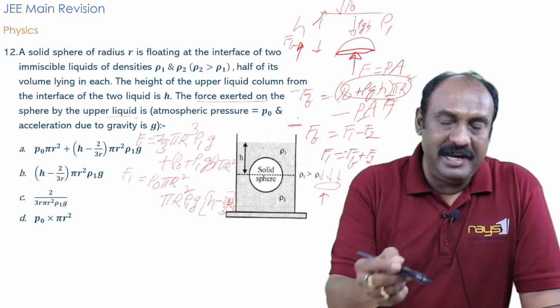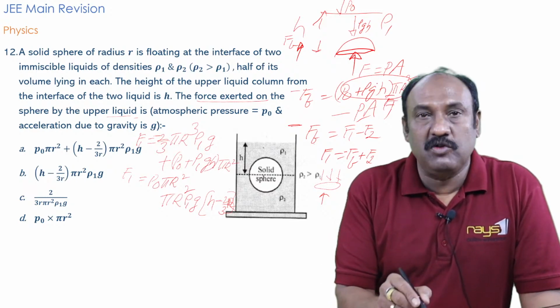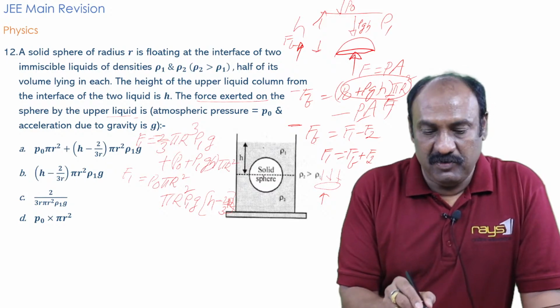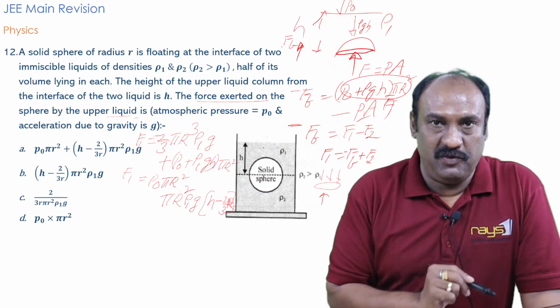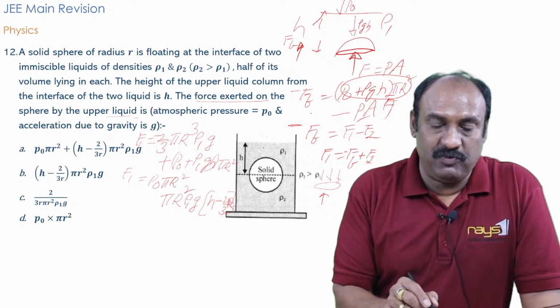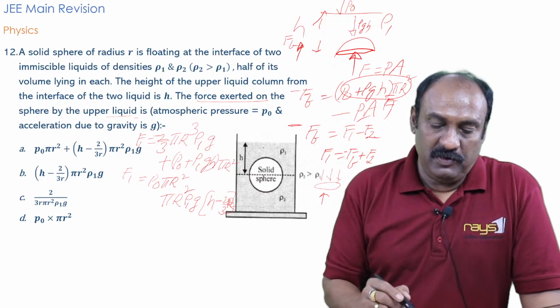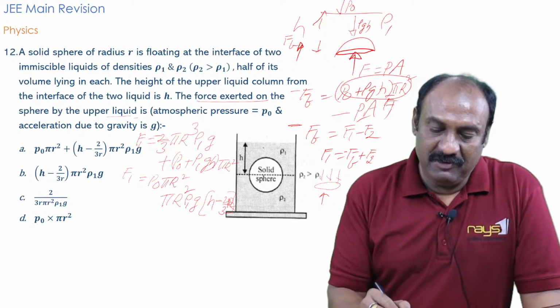Or you can write buoyant force is equal to F2 minus F1. So, I corrected this as minus Fb equal to F1 minus F2, so F1 equals minus Fb plus F2.